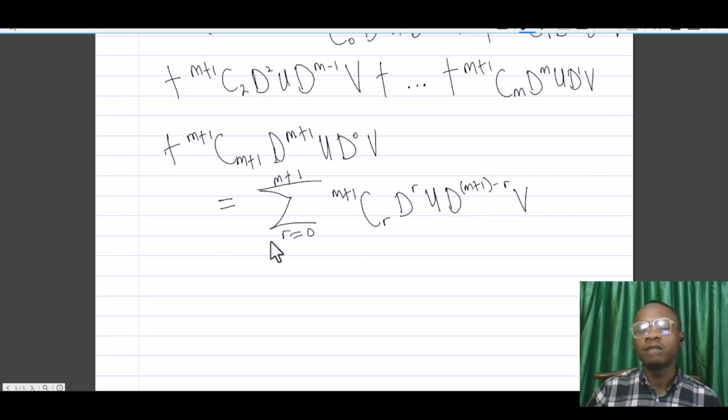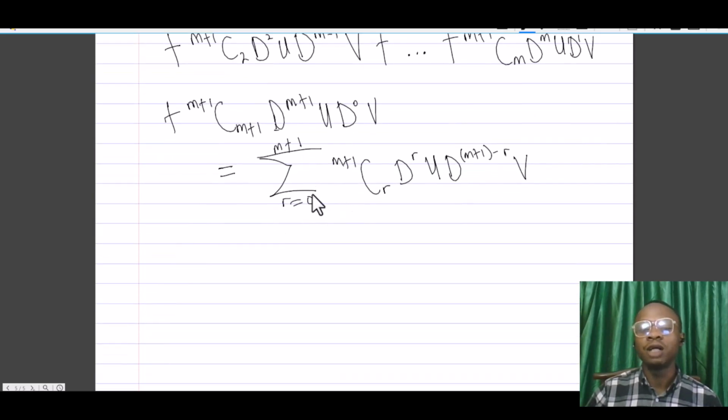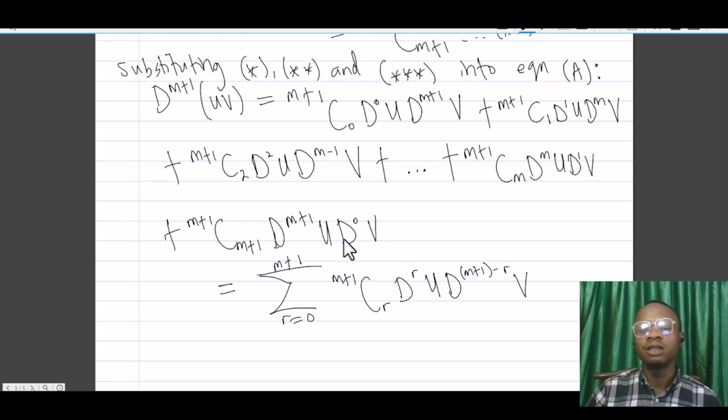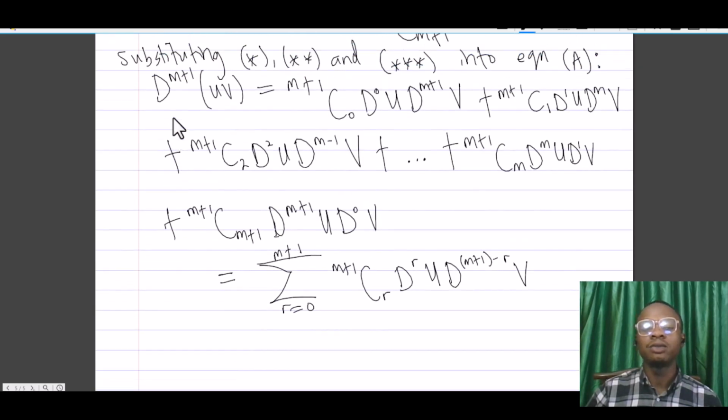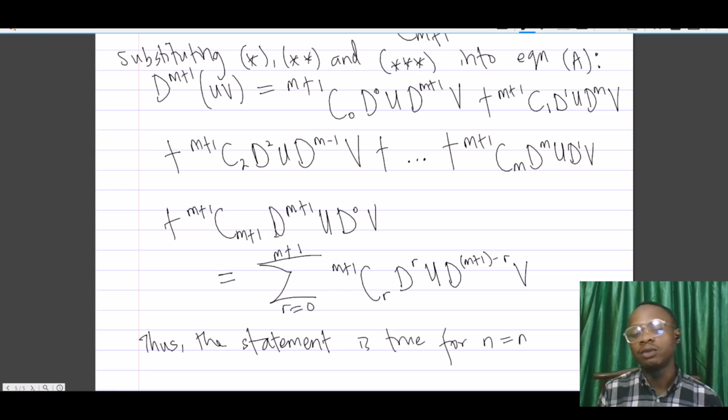This is what is provided for by the Leibniz formula, and that is already established here to be true for when n equal to m plus 1. So we now say that thus the statement is true for n equal to m plus 1.